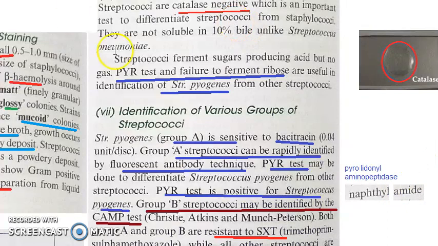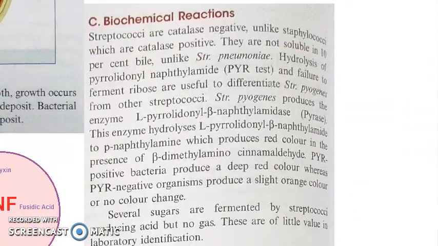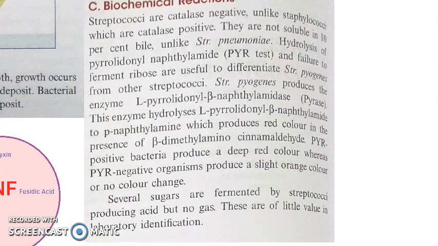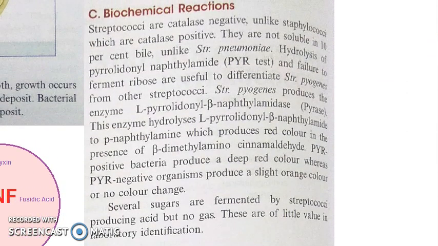PYR test is going to help in identification of Streptococcus pyogenes. If the PYR test is positive, then you can know that it is Streptococcus pyogenes.